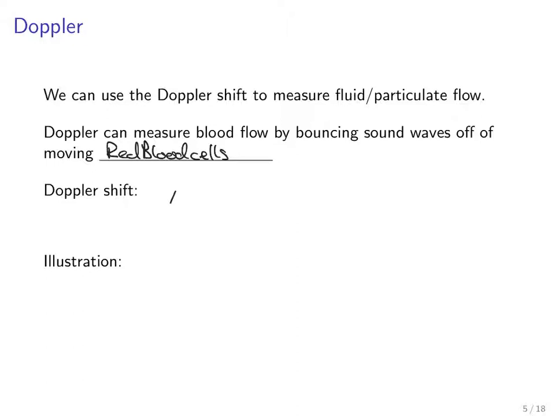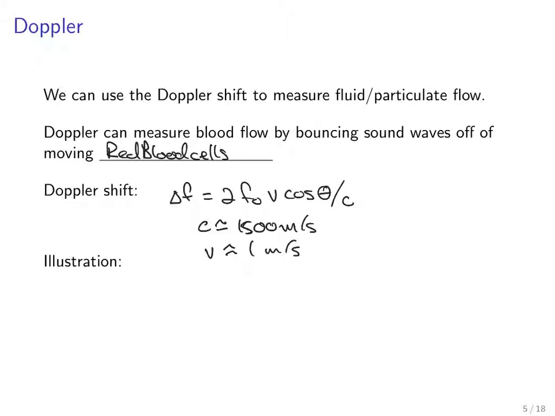So the Doppler shift then, as we talked about in a previous lecture, is equal to 2 times f naught times v times cos theta, where theta is the angle between the motion of the blood and the line connecting the Doppler device to that direction, and delta f is then the frequency shift that you receive. So c here in soft tissues is about 1500 meters per second, and velocity of blood is on the order of about 1 meter per second.